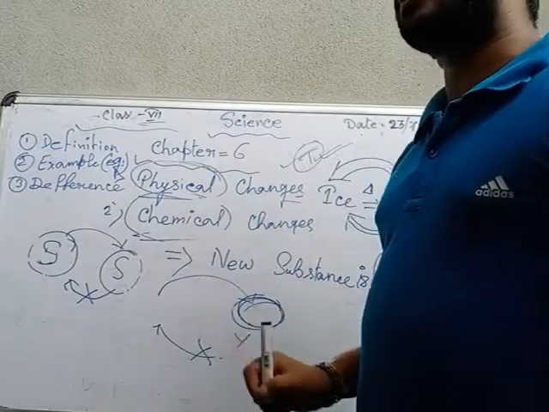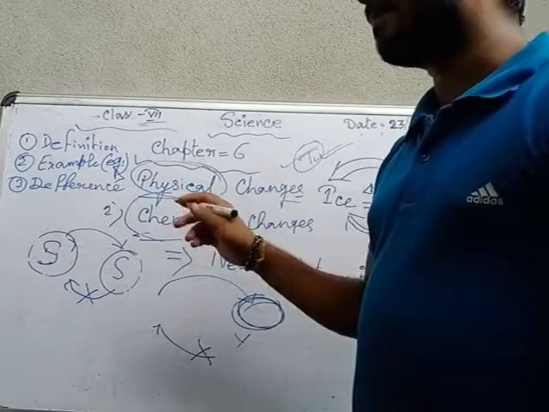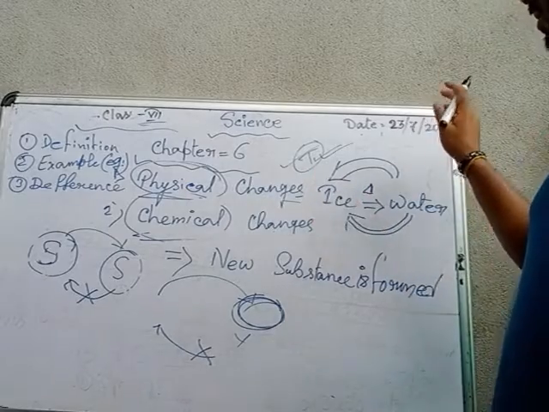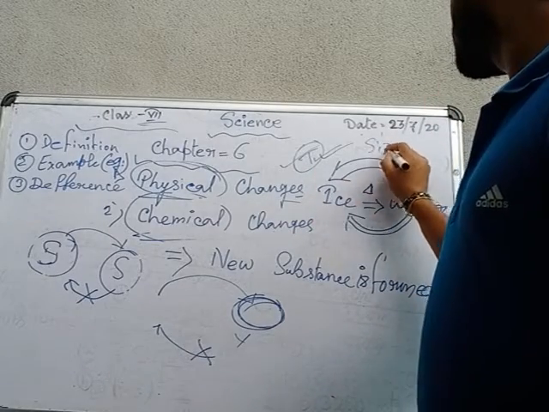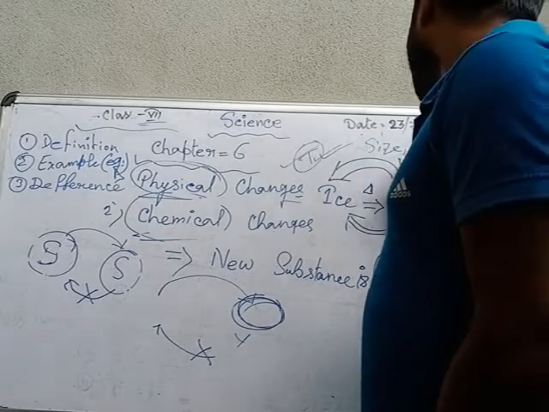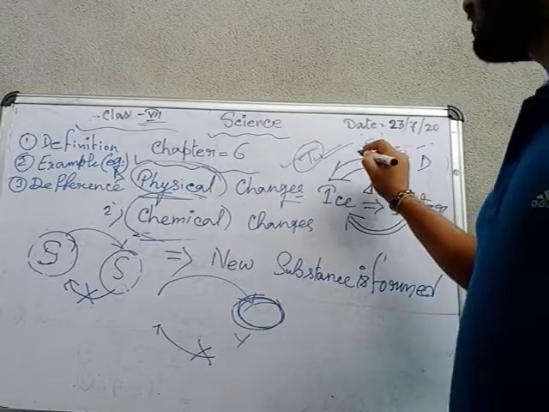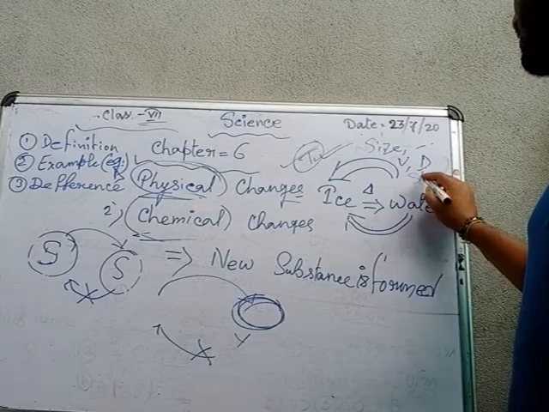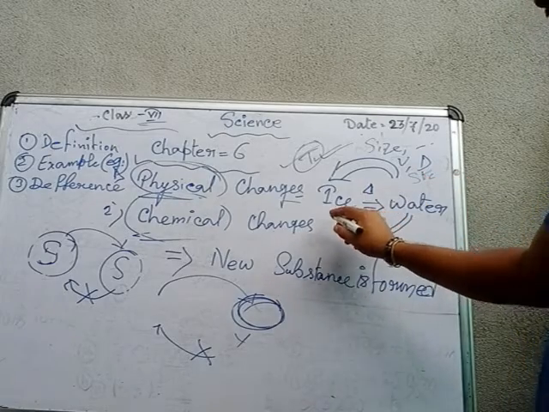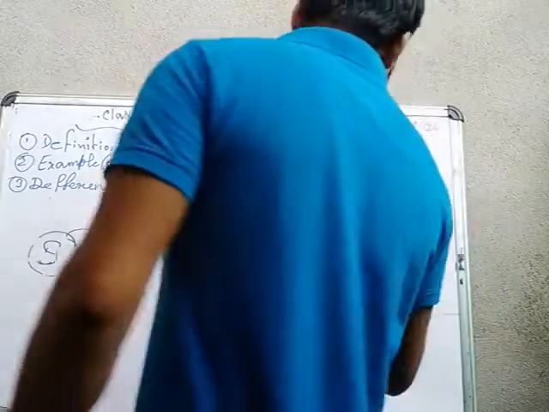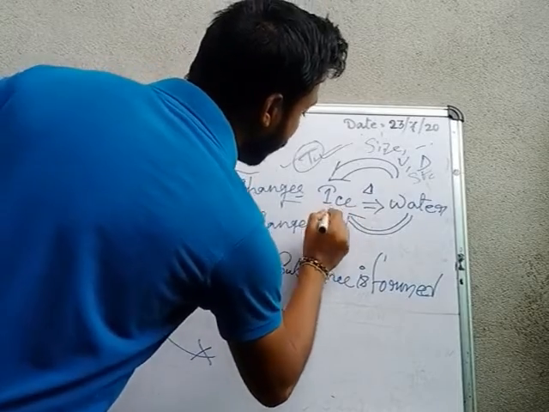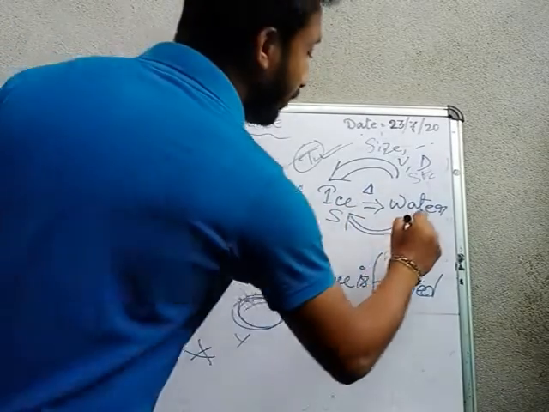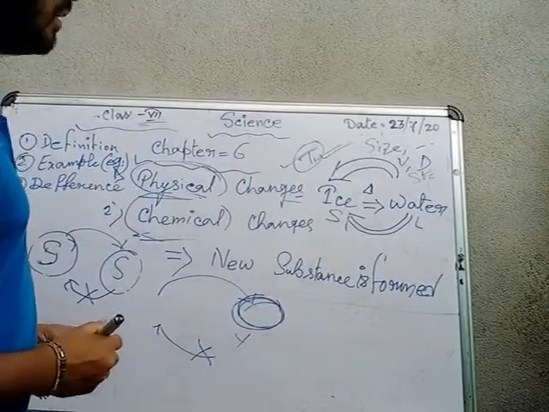Through physical changes, a substance changes its size, color, volume, density, etc. And also state, because the solid state of water is ice, and the liquid state of water is water.